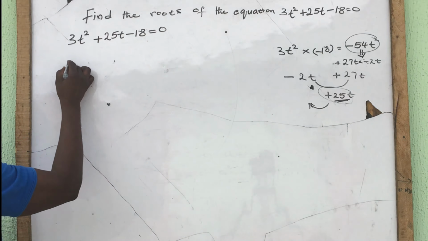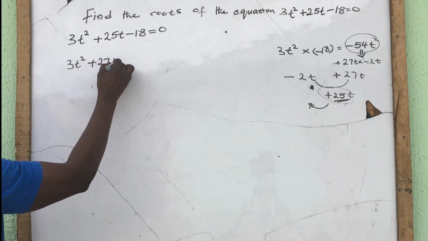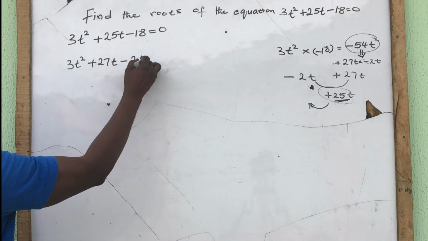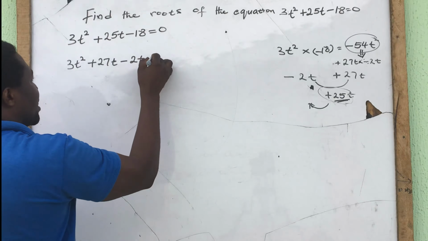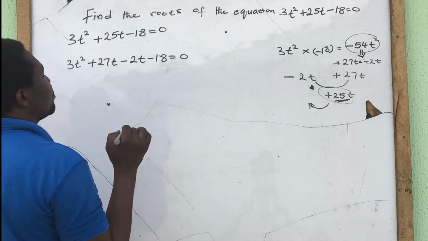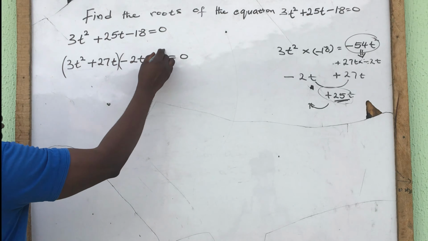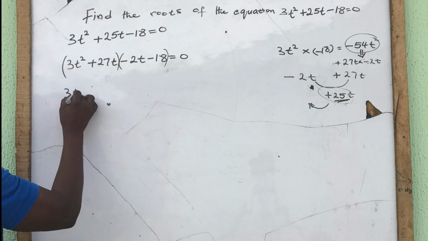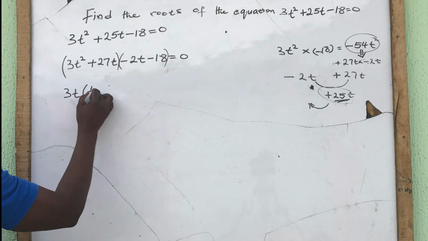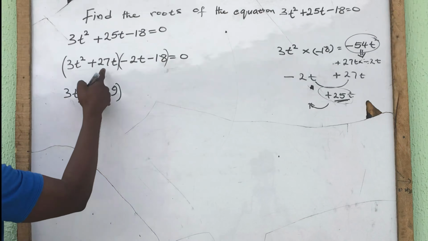So meaning 3t squared plus 27t minus 2t minus 18 equals 0. Let's group them by grouping. So we have 3t, remain t here, plus 9. Look at that, 3 times 9 is 27.